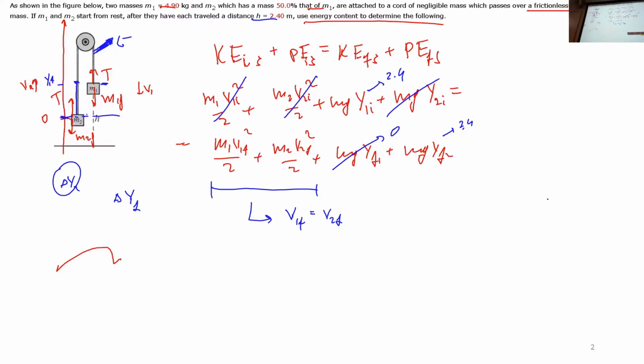And to solve for tension, I would just... No, so this is what you're supposed to do. Tension, the easiest way is using Newton's second law, technically.